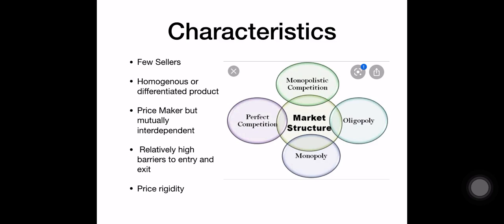In terms of pricing again, price rigidity appears in an oligopolistic market because several behaviors can be expected from consumers as well as from suppliers when they peg the price. For example, we will look at this price rigidity when we look at the kinked demand curve under oligopoly. If a firm tries to increase its price, most often than not, the competing firms will not follow suit.